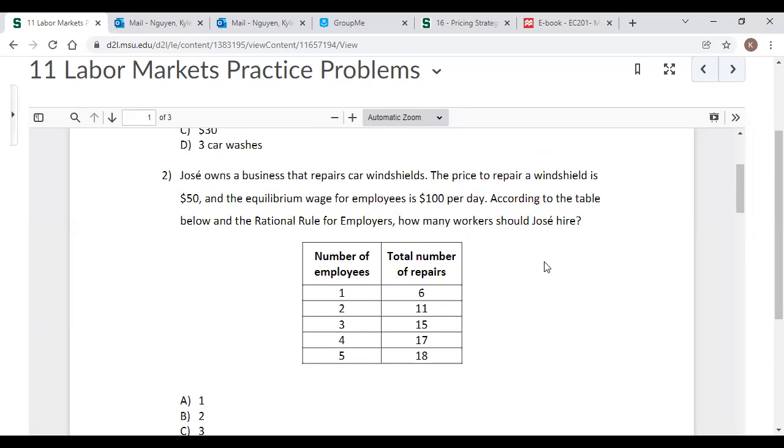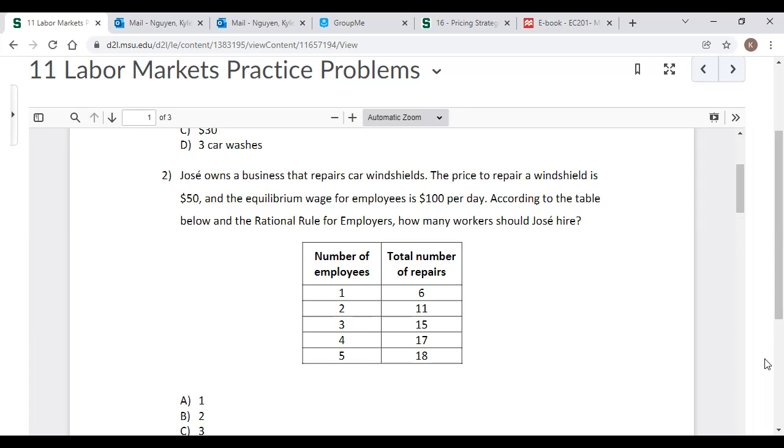And so obviously, let's go on to the fifth employee, and you guys might see what's happening. For a fifth employee, the marginal cost is still 100 because it still costs $100 to hire them. But we go from 17 to 18. That means we only made 1 extra windshield repair. Sorry, my mind jumped back and forth for a second.